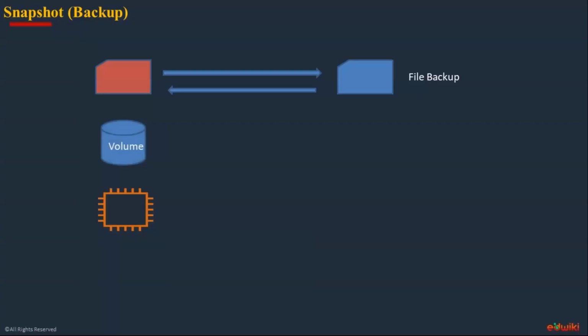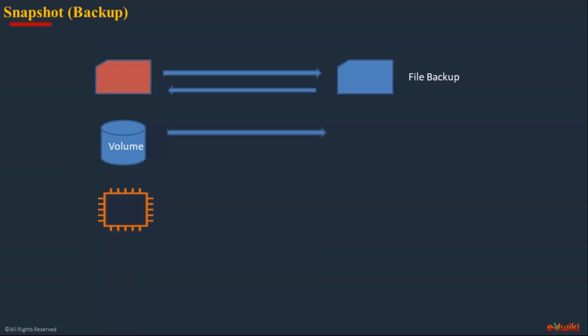But in this case, let's say I have the EBS volume, and the EBS volume has multiple files in it. So I'm not dealing with the file backup, which deals only with the file content. Here I'm worrying about the volume level. What is the case if my entire volume gets corrupted and the entire volume data is gone?